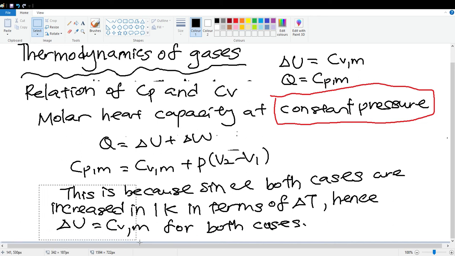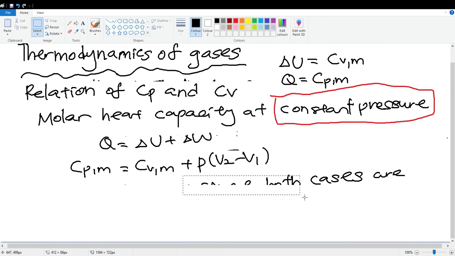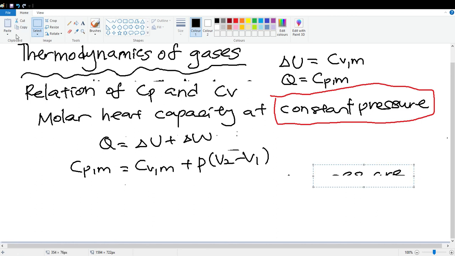Okay, so this can be cancelled. This is the internal energy for our gas molecules at constant pressure, where the temperature is increased by 1K and we still use 1 mole.